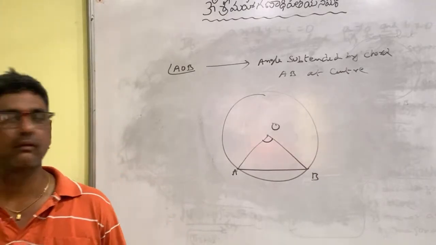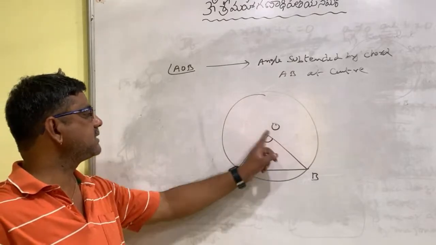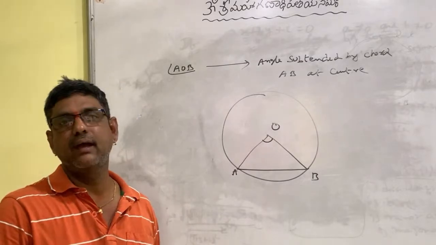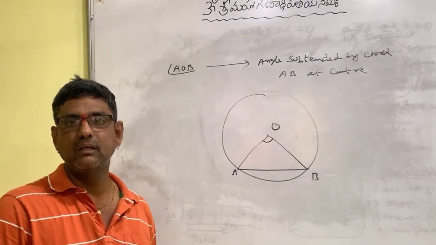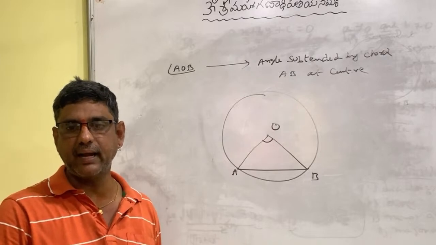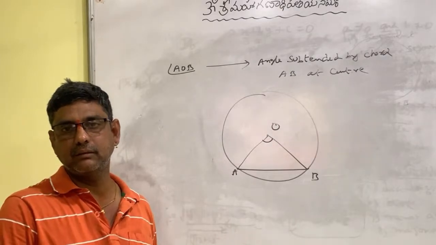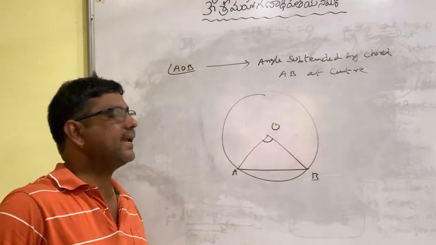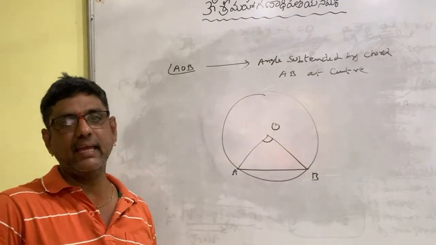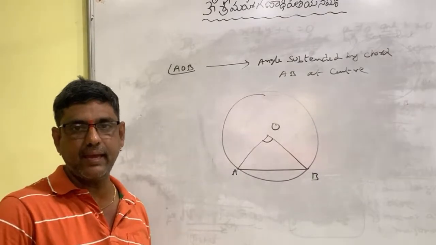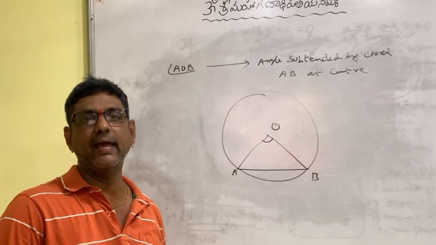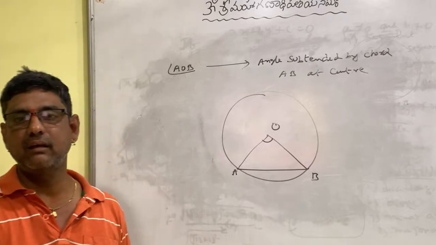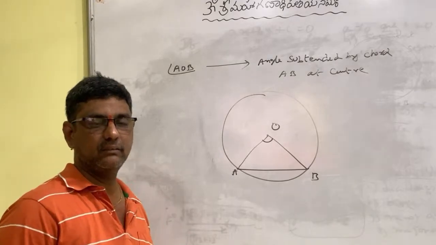Understand? Subtending means making. So, angle AOB is the angle subtended by the chord AB at center, or chord AB is making an angle AOB at the center.